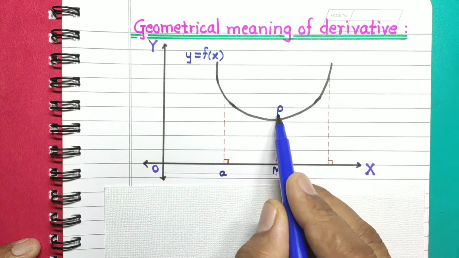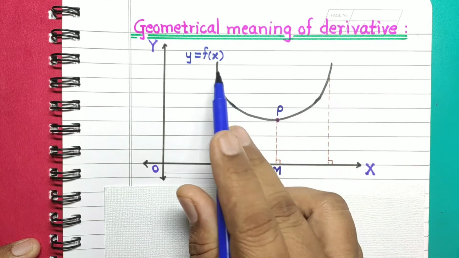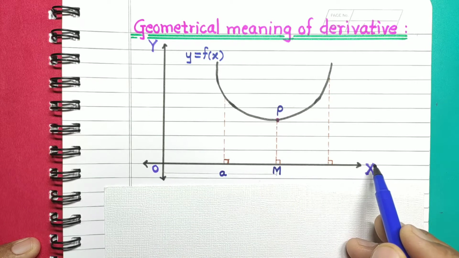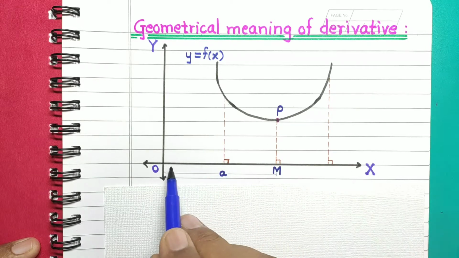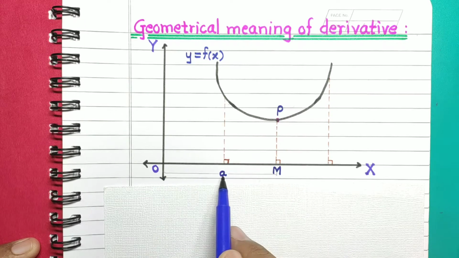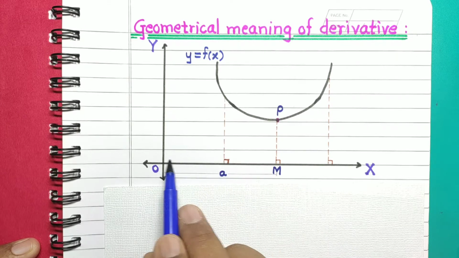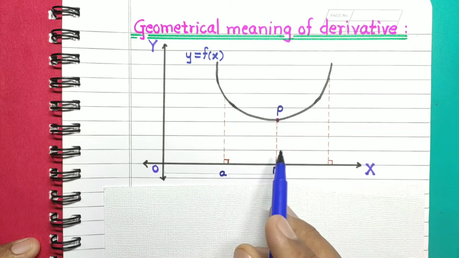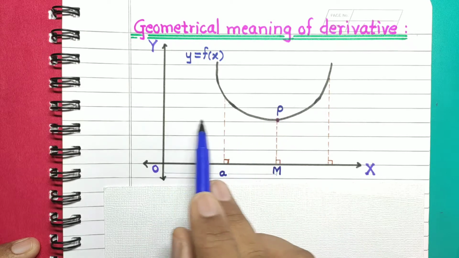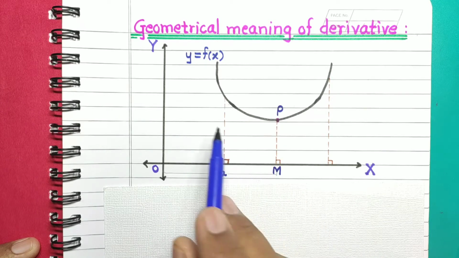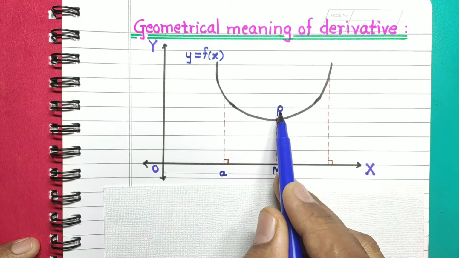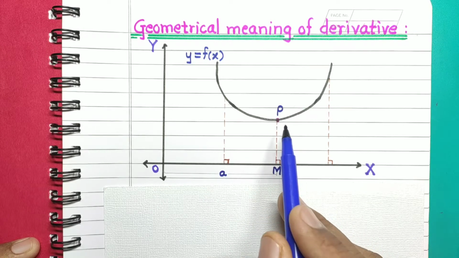Now consider point P on this curve and draw PM perpendicular to x-axis, and consider that this point M is at a distance of a units from y-axis. Therefore, see here, point P is also at a distance of a units from y-axis. Therefore, x coordinate of point P is a.